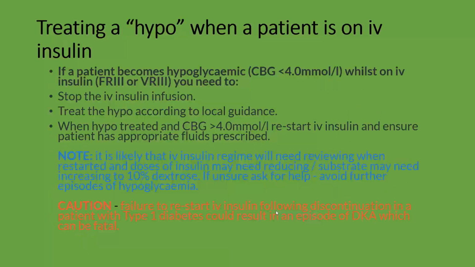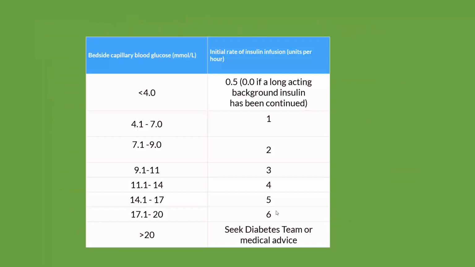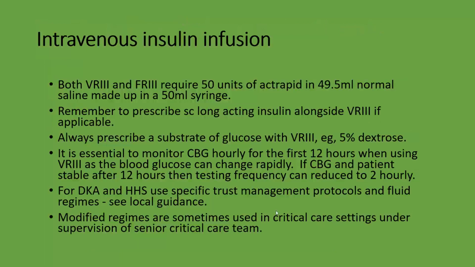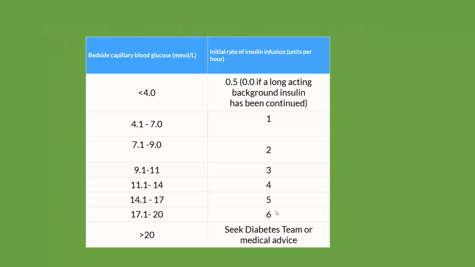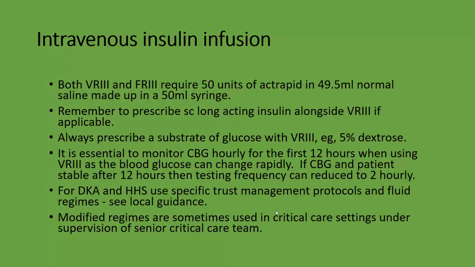And then in VRI, always prescribe a substrate of glucose, 5% glucose, because otherwise the patient is going to go into hypoglycemia, but not in DKA until you reach the point of 14 millimoles. When you're starting on a variable rate, for the first 12 hours you have to monitor every hour. If they are stable, then every 2 hours. So the first 12 hours should be hourly monitoring.